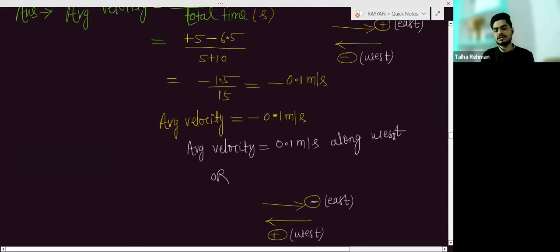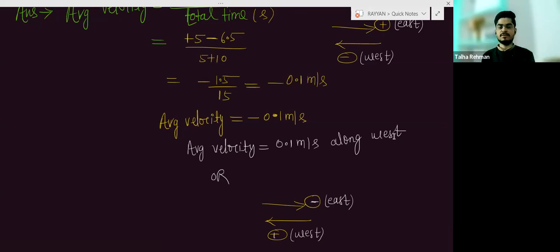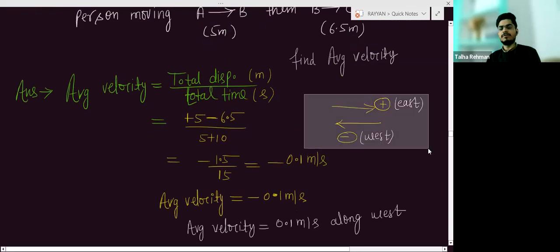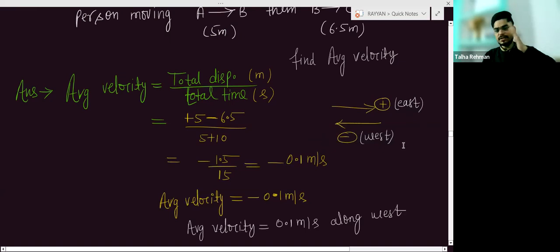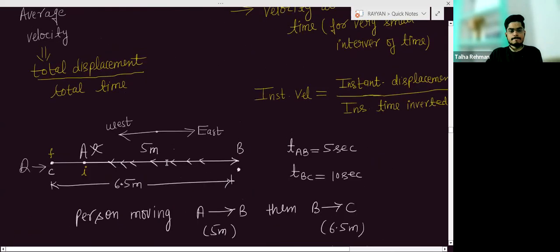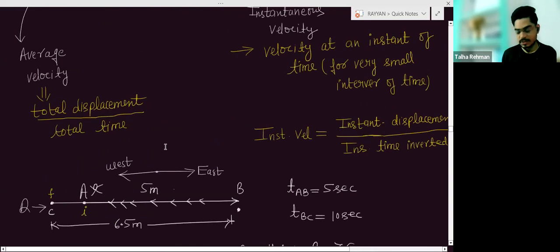There is no change in the answer even if you change the sign with respect to direction. Always try to take this direction as positive and this direction as negative. Otherwise, it's your choice. So this is the first type of question we have.